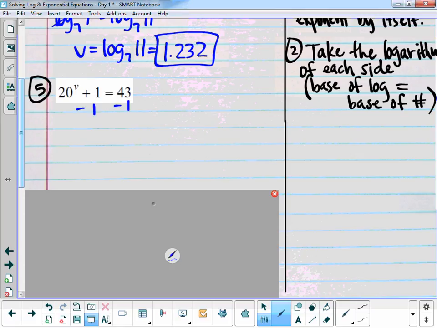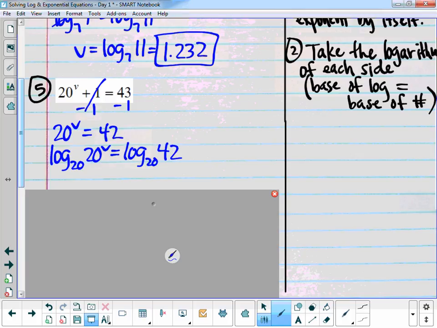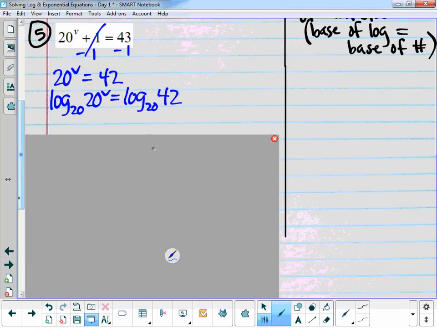So we subtract 1 from each side, then we'll have 20 to the v power equals 42. Otherwise it's not an equation if you don't have the equal sign. Then we want to take the log of base what? 20. So we go log base 20 of 20 to the v equals log base 20 of 42. And what does log base 20 of 20 equal? Just 1.